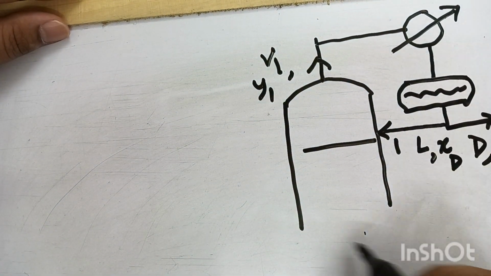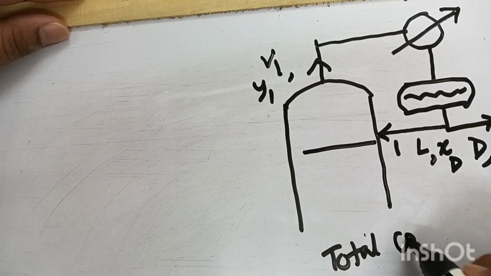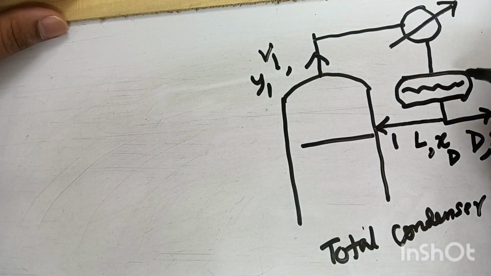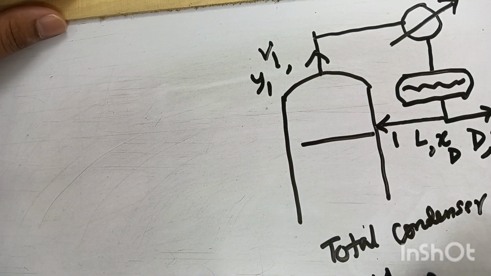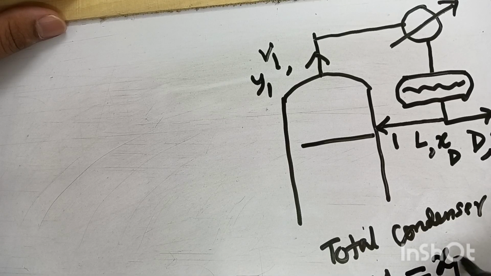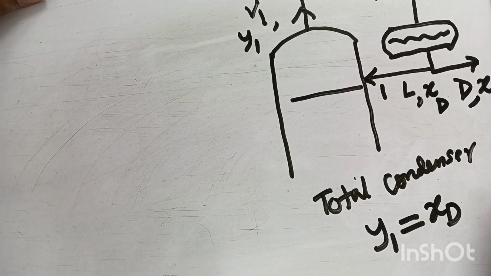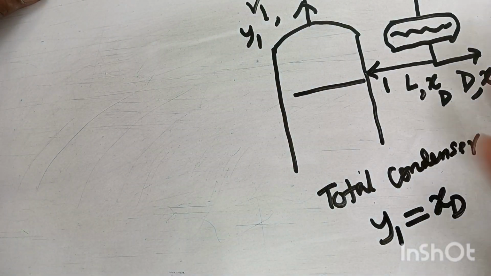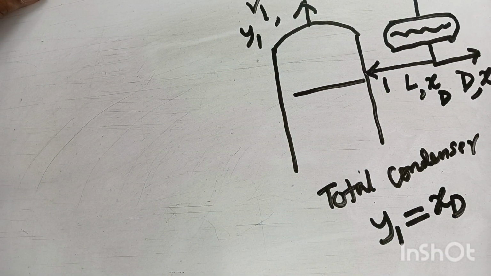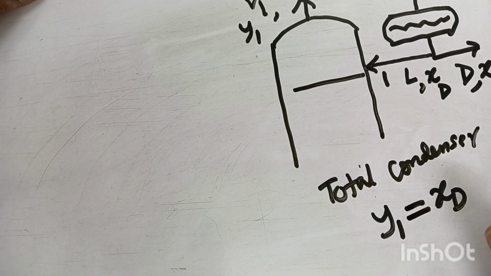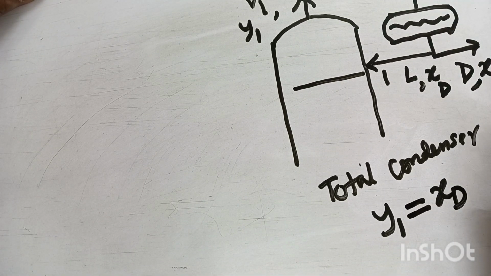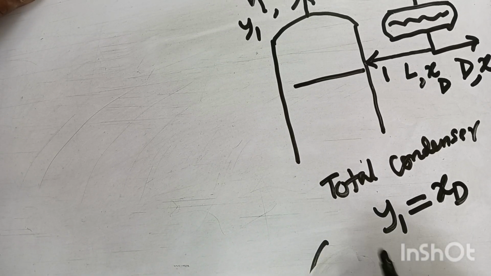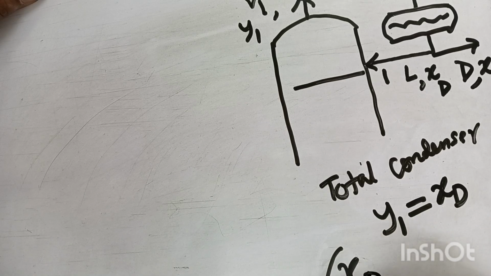Now if the condenser happens to be a total condenser, then all the vapor will be condensed into the liquid. So in that case, y1 composition, vapor composition, is going to be equal to exactly the liquid composition xd. Because this enriching section operating line starts from the top of the tower, if it is a total condenser, the top coordinate will be xd comma y1.